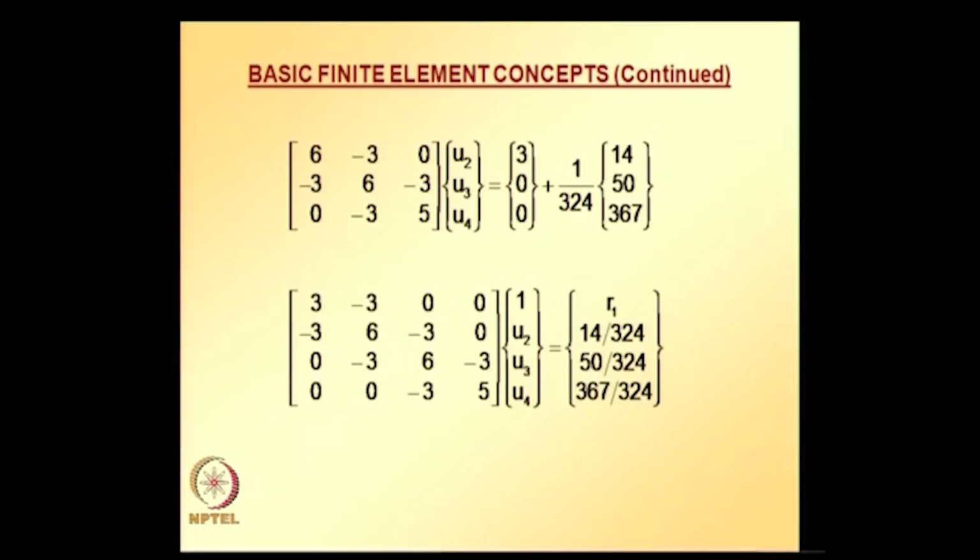That is why I do not know what that value is, and I am denoting it with R1. So, now you have this equation system. What you can do is use partitioning of matrices and solve for u2, u3, u4, and once you get u2, u3, u4, you can back calculate R1.